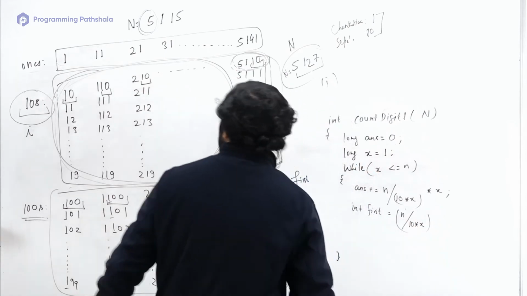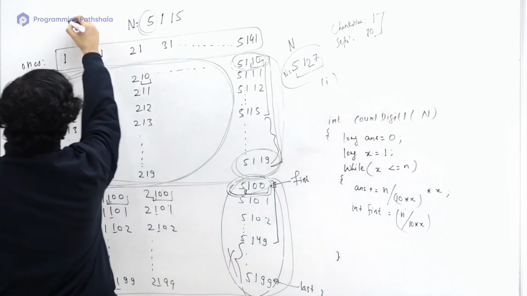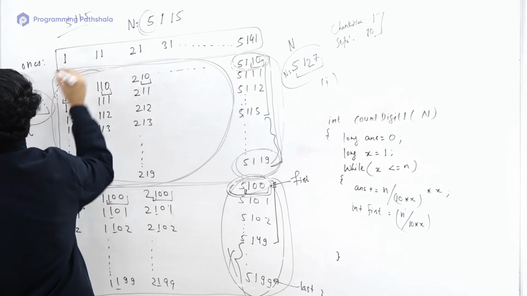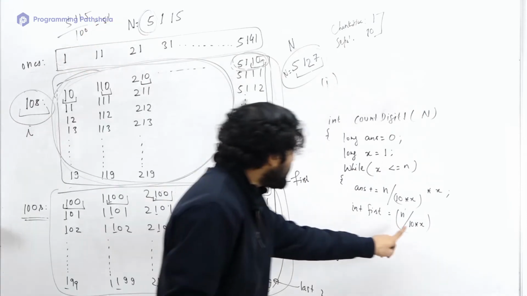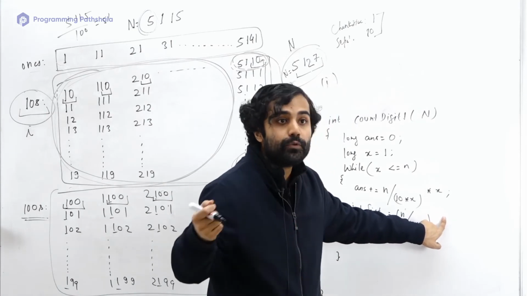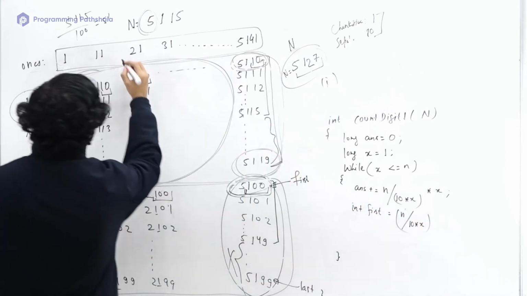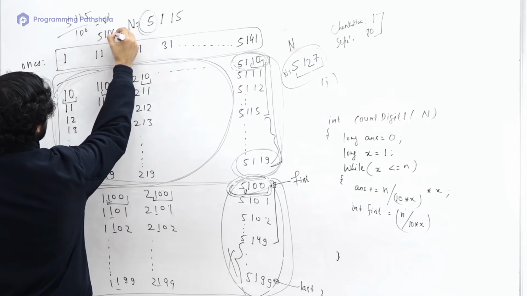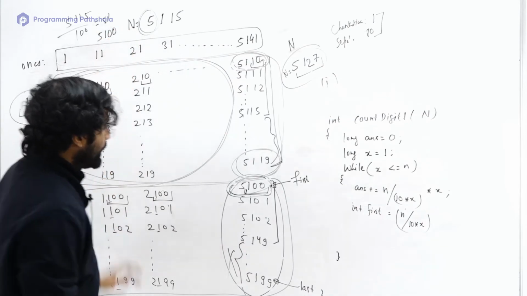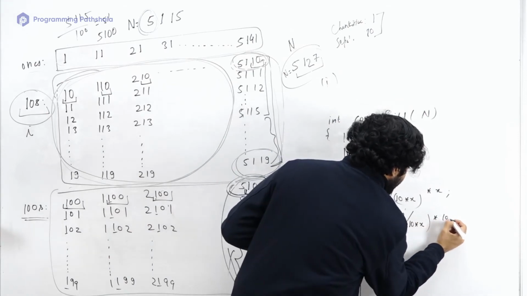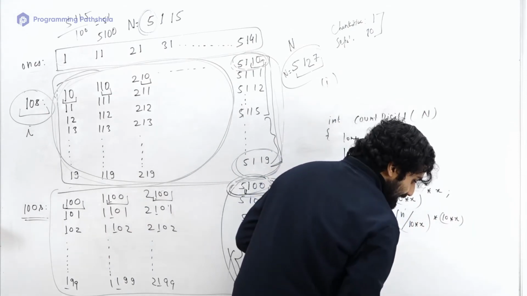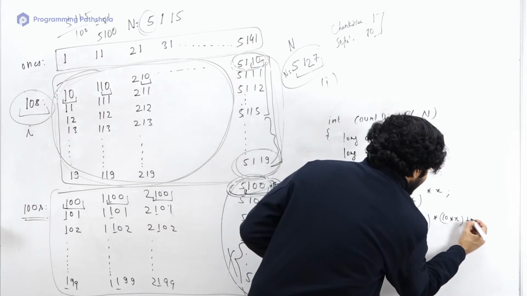So see, if you did 5115 upon 10 into 10, you would have gotten 51. And now you can multiply this thing with 10 into 10 again. That would have brought 2 zeros to the end. And then you can add a 10 to it. So I get this, which is my 51, and then I multiply it by 10 into x, and then to this thing I'll add x.